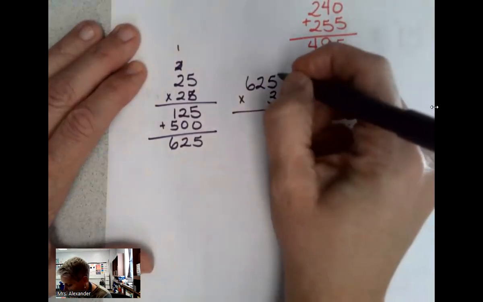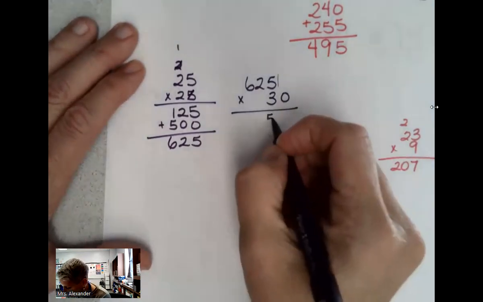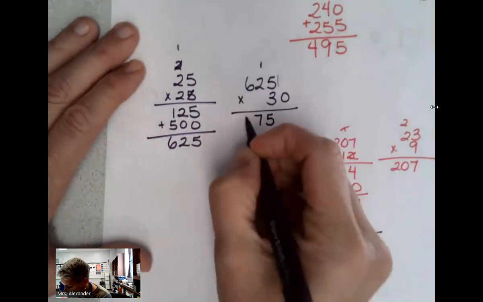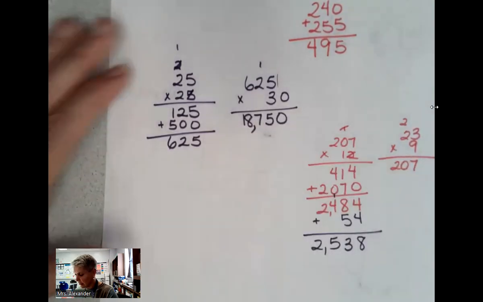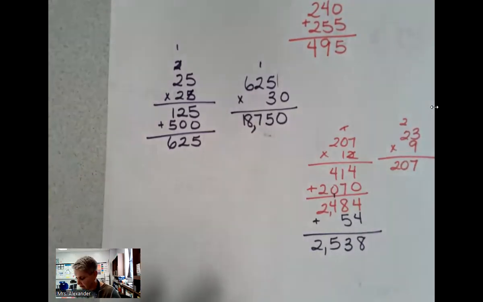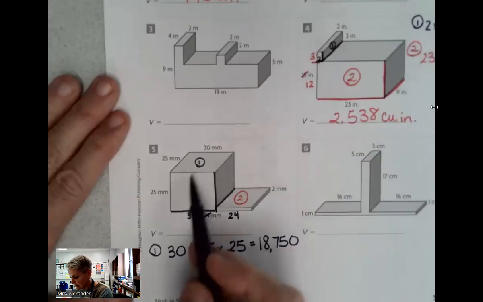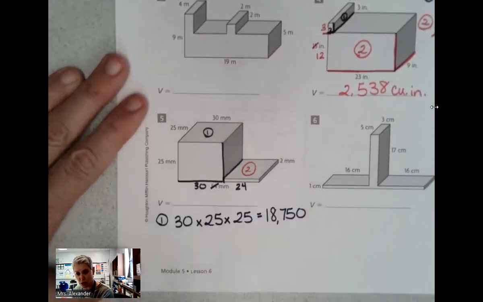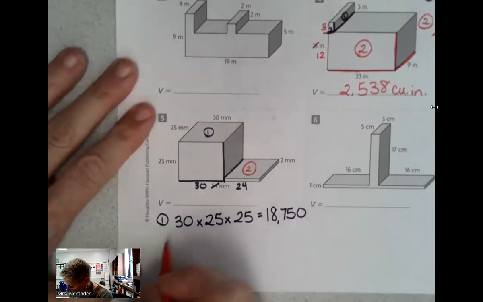I'm going to do 625 times 3. And then I'm going to drop that 0 in place. 18,750. I better write it before I forget it. 18,750. That is my larger right rectangular prism. So there's one.